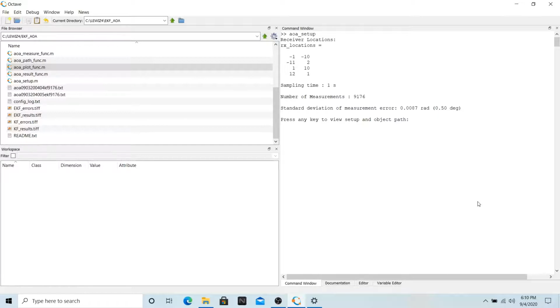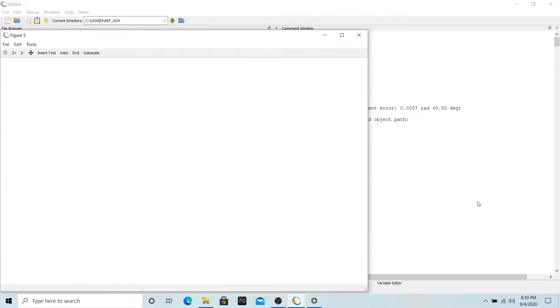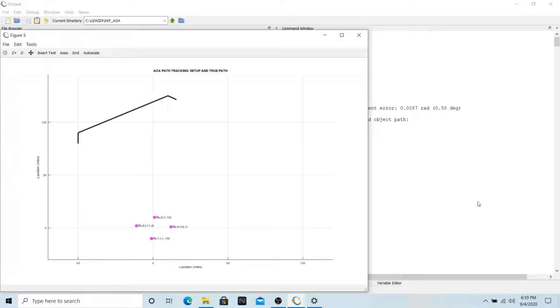Now we will take a look at the setup and the true object path. Each receiver used for the AOA method is a phased array antenna, which is used in direction finding.